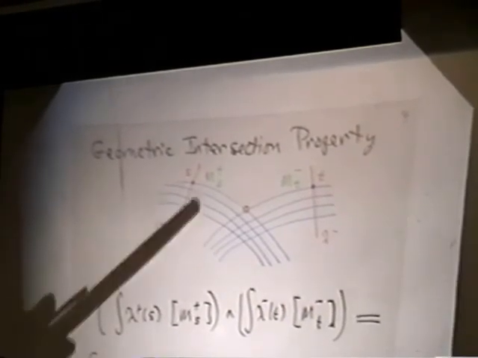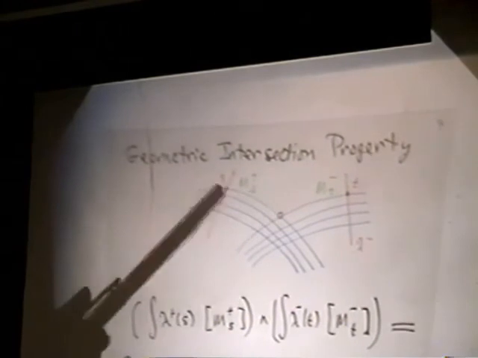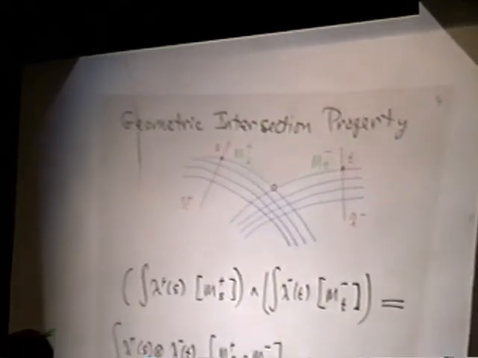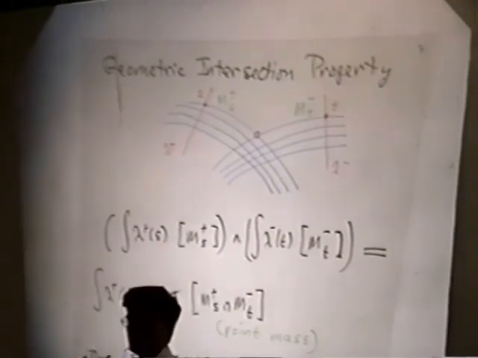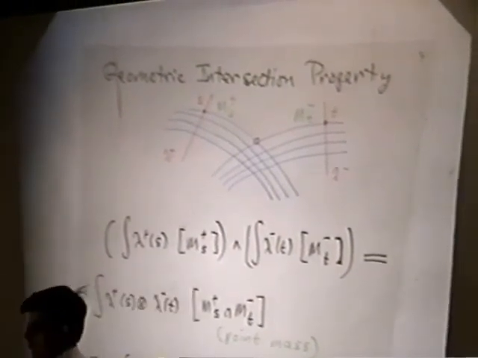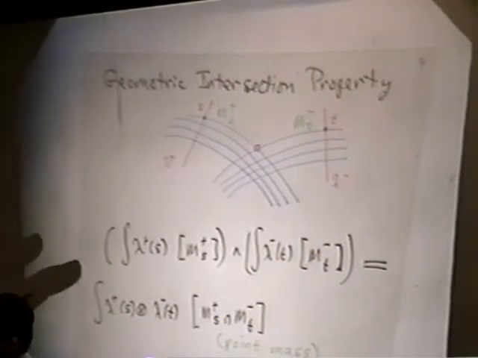What that would mean is that if we have an m plus s that comes over here and intersects with m minus t in this circular point, and we take the intersection and we just multiply, we get the product measure, and then we get the point mass at the intersection. Or if it's more than one intersection, we just get the point masses at the intersection points.